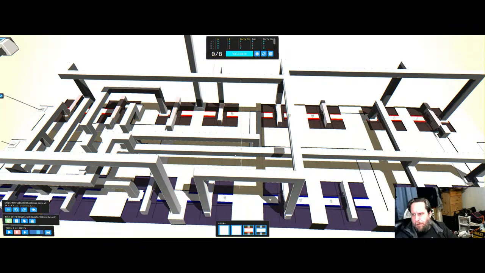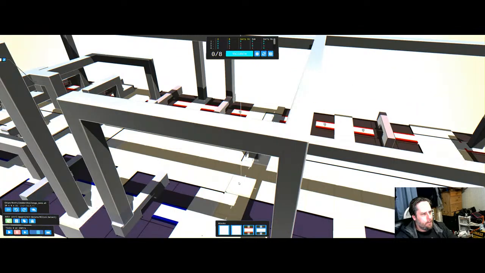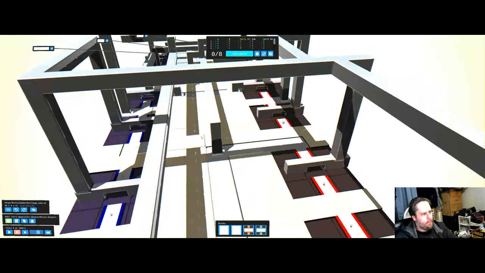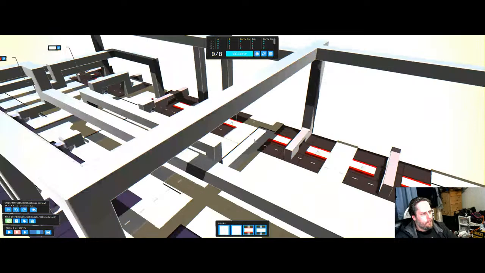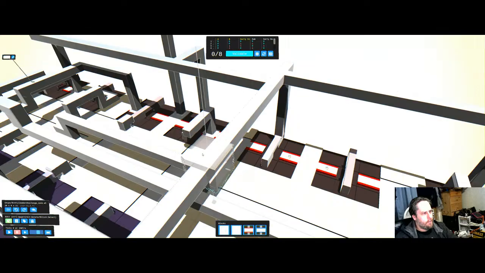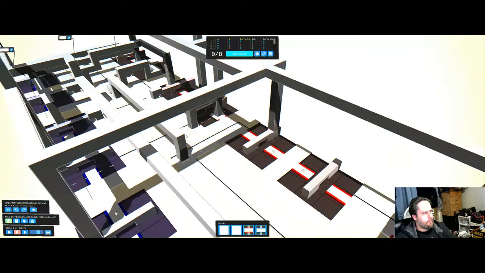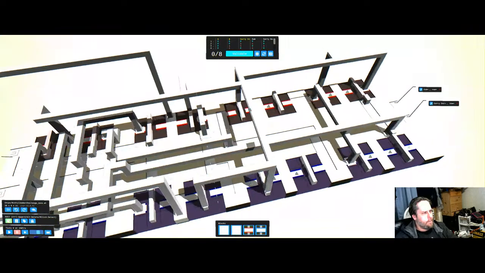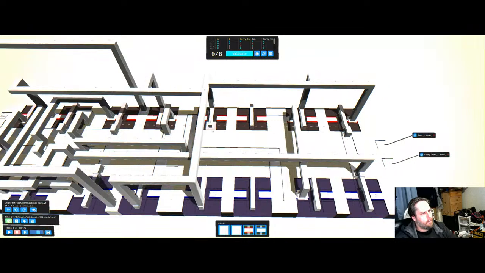We have the rail already hooked up. We need the outputs tied together is what we need. So this guy, if I could, I would keep it on the ground. But it's going to have to go like that. Those outputs are tied together.